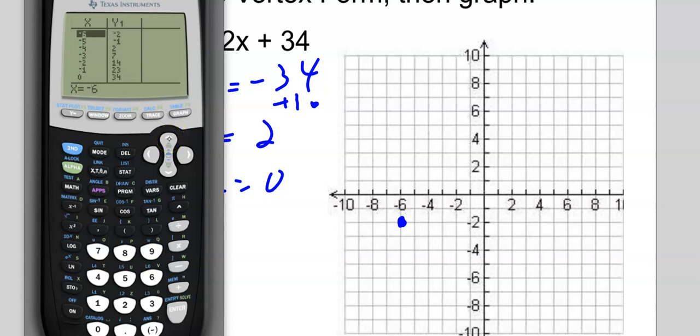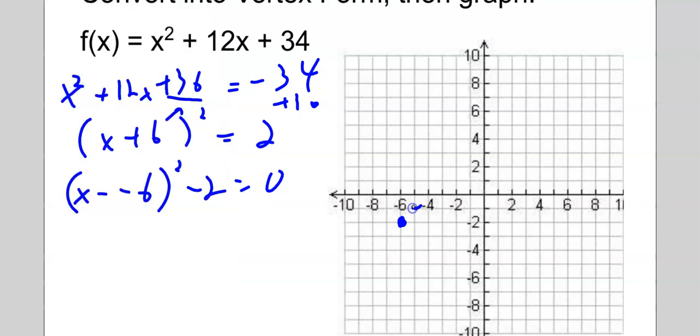We're going to do -5, -1, and -4, 2. And then here's my axis of symmetry. So when I fill this in, I'm going to balance it out. Left side, 1, 2 here. And you can see way up there, it's going to hit 34.